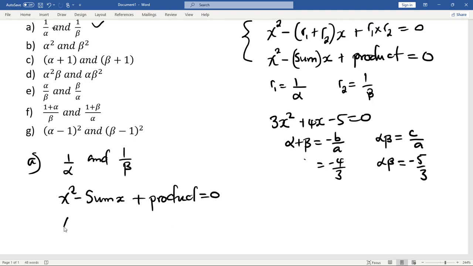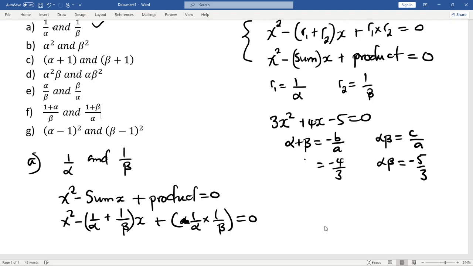So we have x squared minus the sum of the two roots, the first root is 1 over alpha plus 1 over beta, x plus the product, 1 over alpha times 1 over beta, equal to 0.